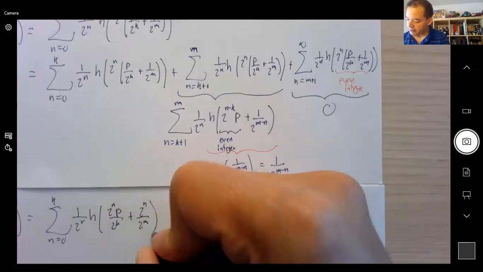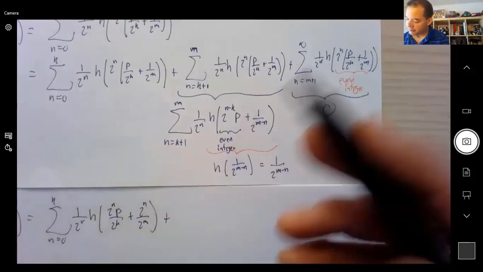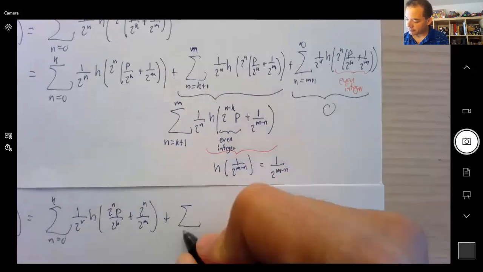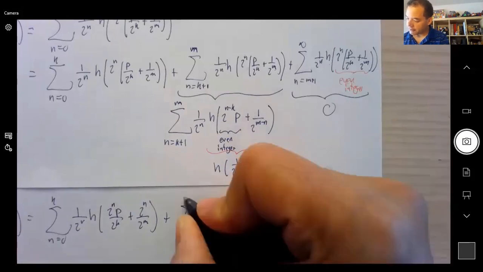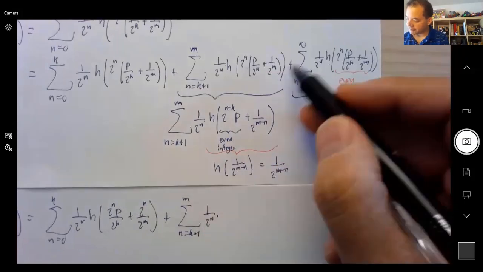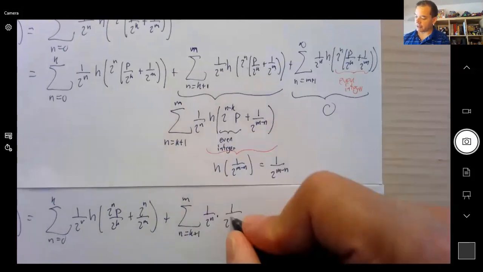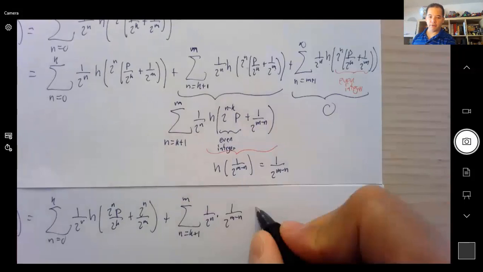That's the first one. And then the second one, this one over here, we just made it better. So that's the sum from k+1 to m, 1 over 2^n, times, and we know now what the h is. The h is 1 over 2^(m-n). And then plus 0. All right?